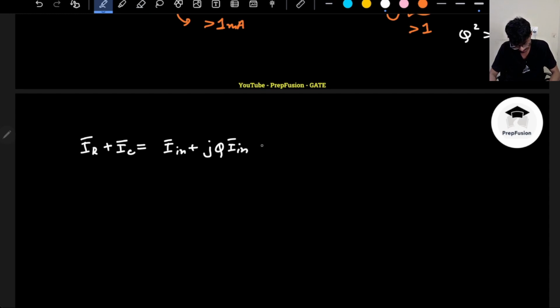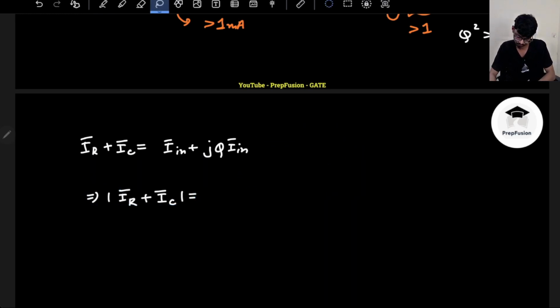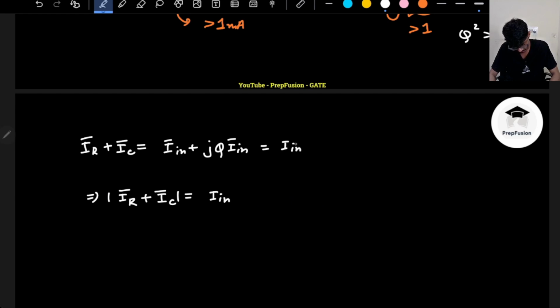So ultimately, IR plus IC will be equal to this, I in, which can be written as I in into 1 plus jQ.